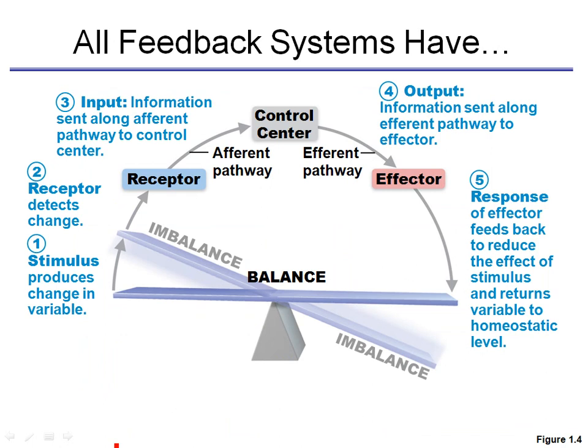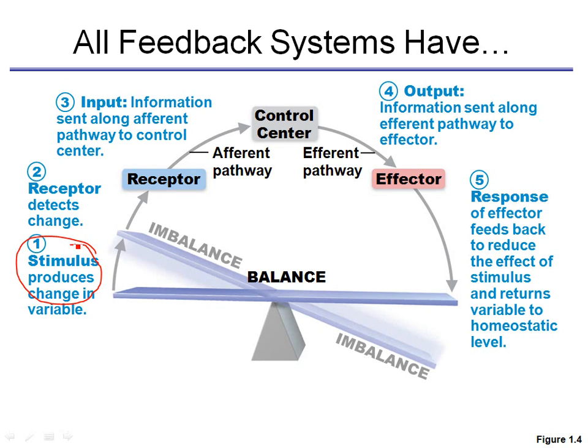And so all homeostatic systems in the body have the following parts to them. They all have a stimulus, which is a change in some variable. It got hot. You touched something hot. You poked yourself. You got hungry. Your glucose level dropped. Your glucose level rose. Any change.